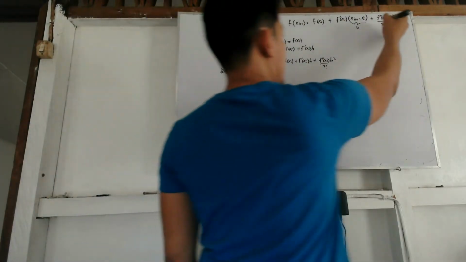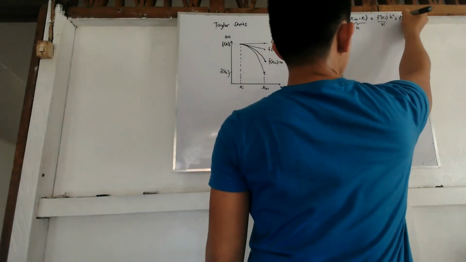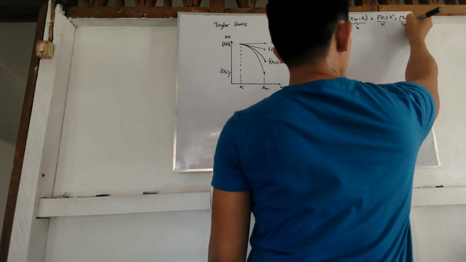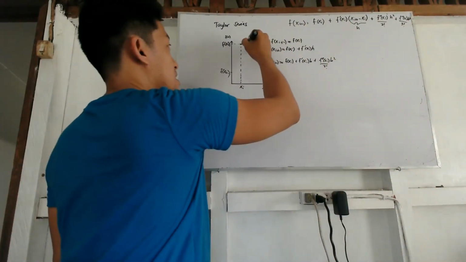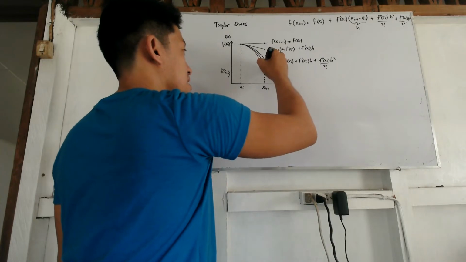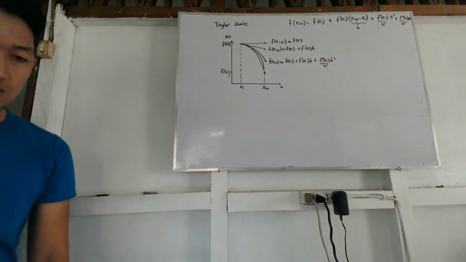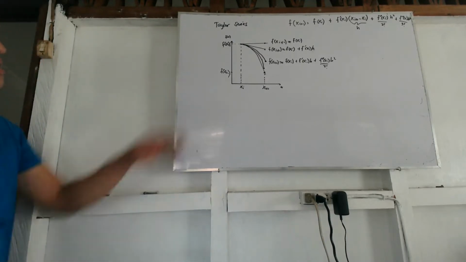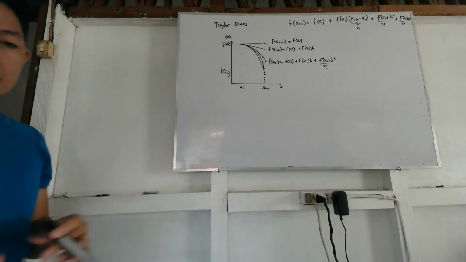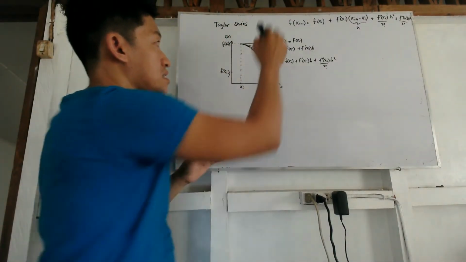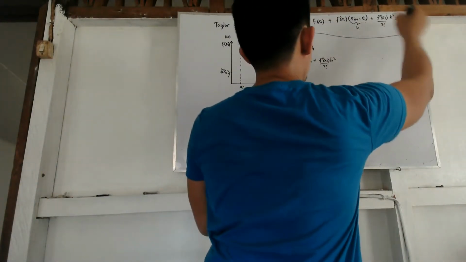So again, if we add additional terms, it gets closer. Okay, so what we observe is that the Taylor series can actually estimate the function using this equation.